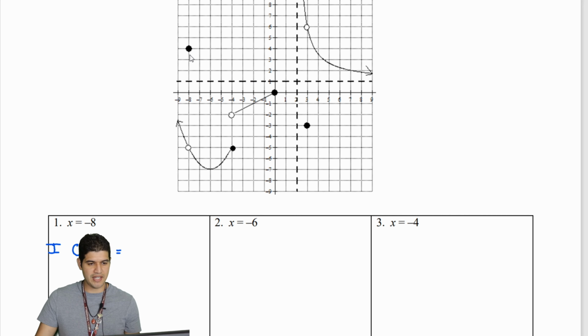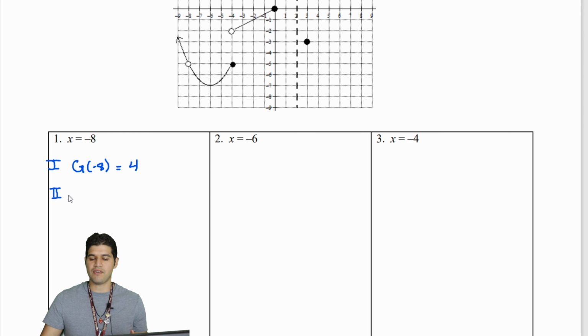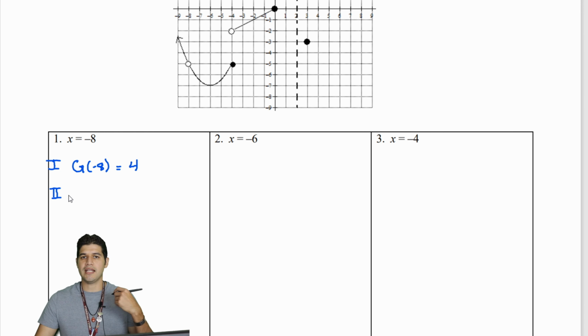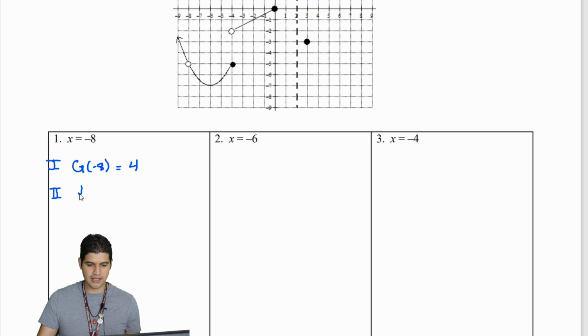So here's -8, and the function at -8 is going to be +4. So that is equal to +4. Now, in our second part of our definition, we're going to be looking at the limit, and we're going to really define it from both sides. So let's look at the limit of g of x as x approaches -8 from the left. And from the left, it looks like it's approaching -5.